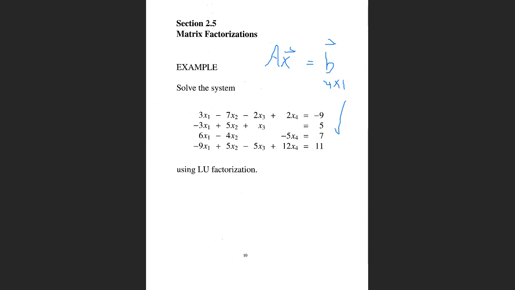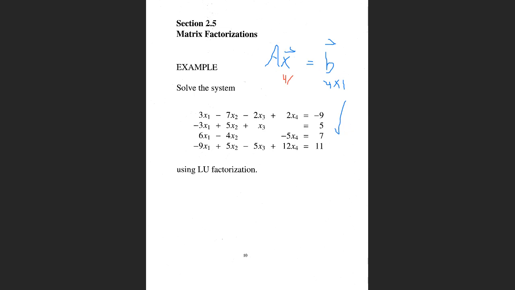What's the dimension on your solution vector X? What are the dimensions on that vector? Four by 1. That's right, Hung. There are four variables.